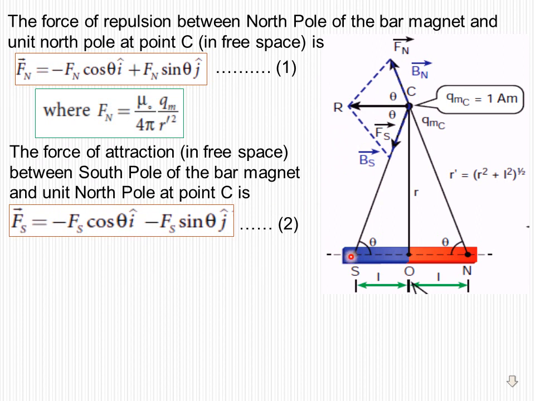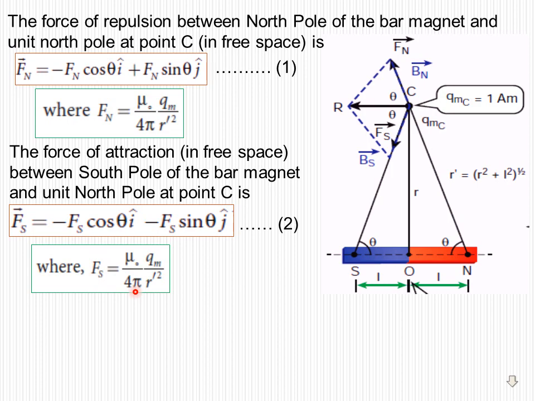And the force of attraction in free space between the south pole of the bar magnet and the unit north pole at C is Fs vector is equal to minus Fs cos theta i cap minus Fs sin theta j cap. Therefore Fs is equal to mu naught by 4 pi into Qm by r dash square.